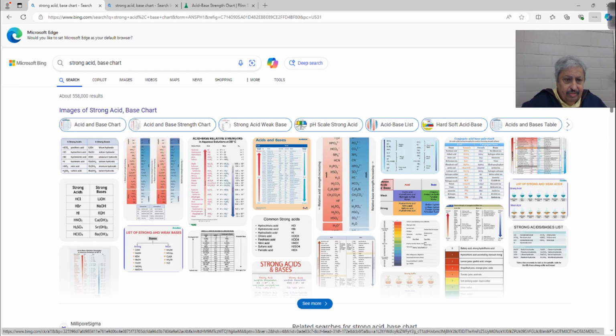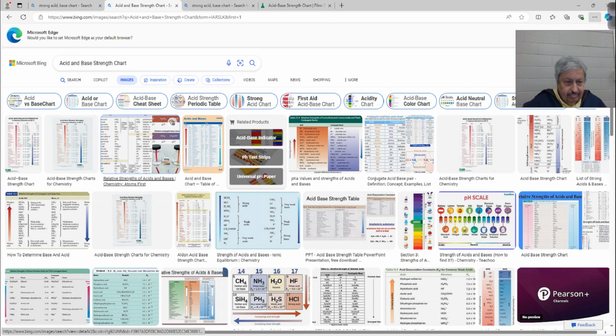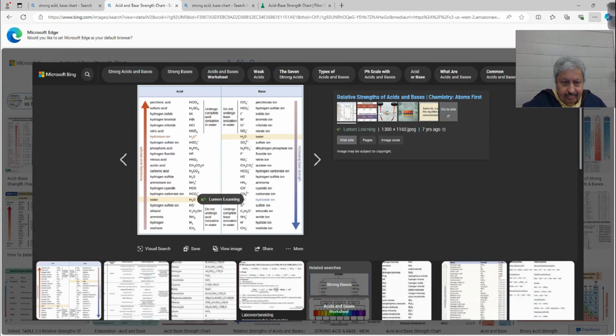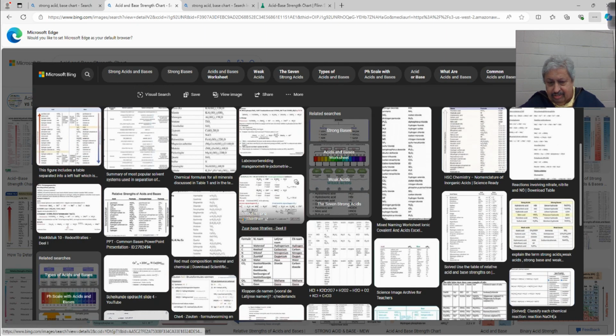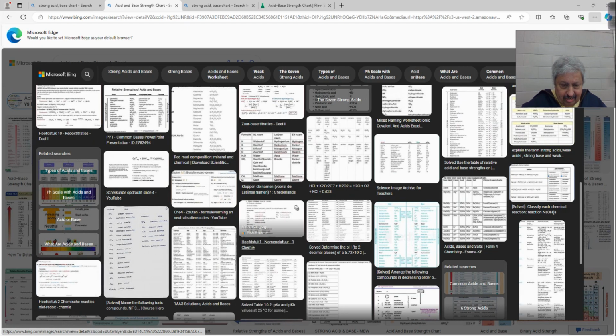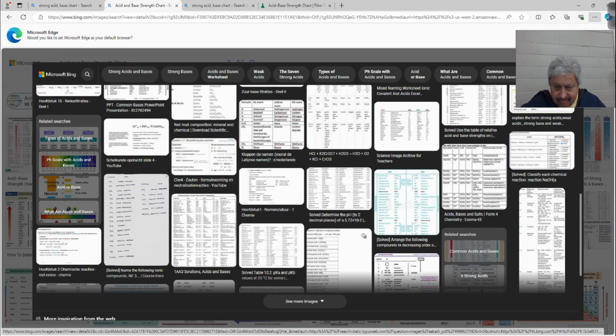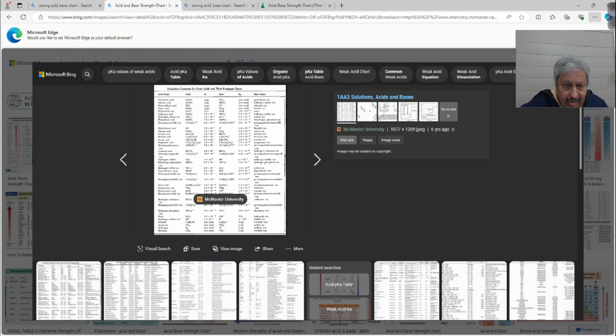So strong acid base chart. Yeah, those are charts without the values, but some charts have real values, so you can get the sense of how much the value is. Yeah, here's the value, guys.